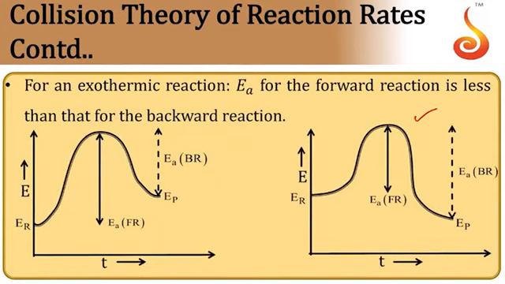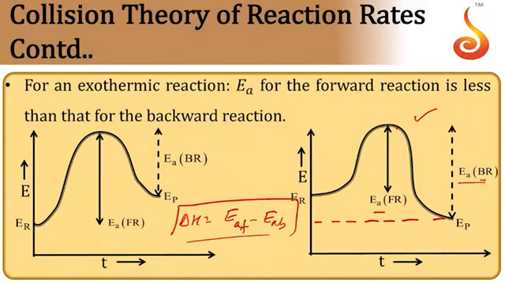The energy of activation for the backward reaction is from here to here, and for the forward reaction it is less, so the difference gives delta H. The formula to find delta H is EAF minus EAB, which gives the difference of delta H values.